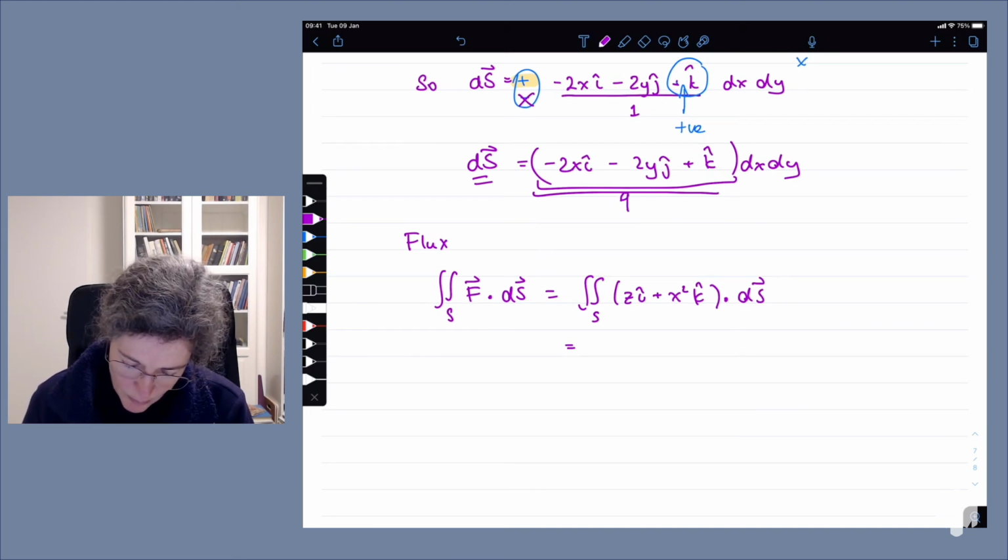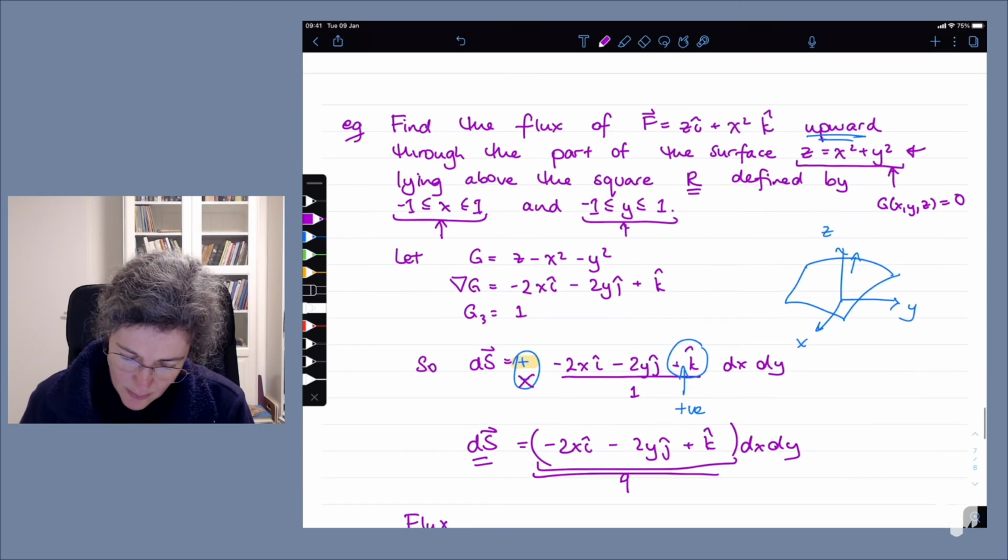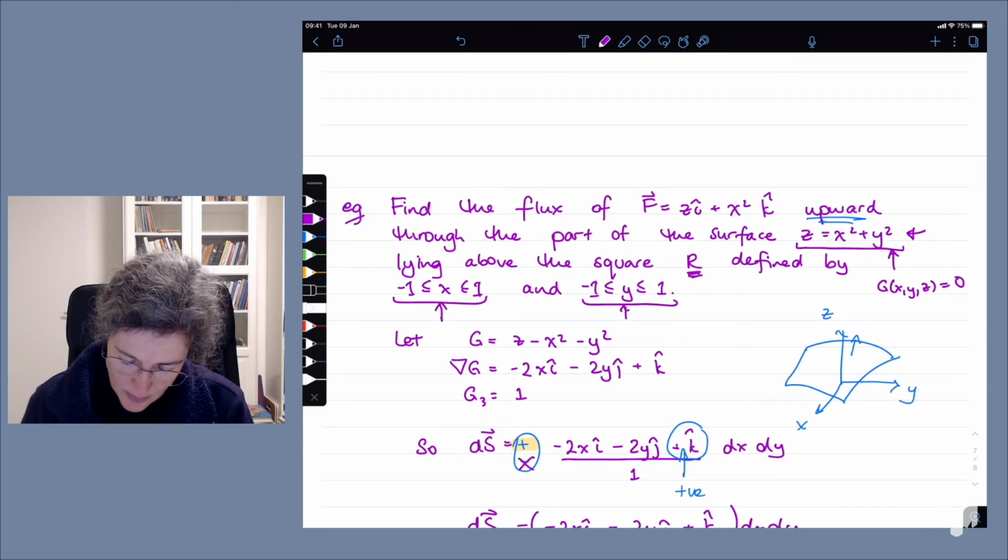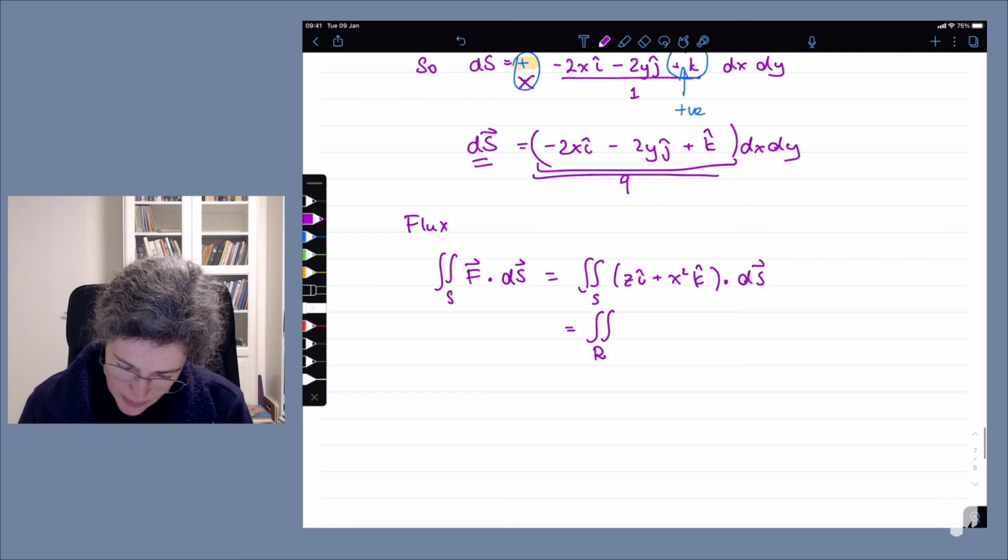If we work out that dot product, we're going to get our integral over our region R, which is this here. Oh, let's have a look. Minus 2zx.